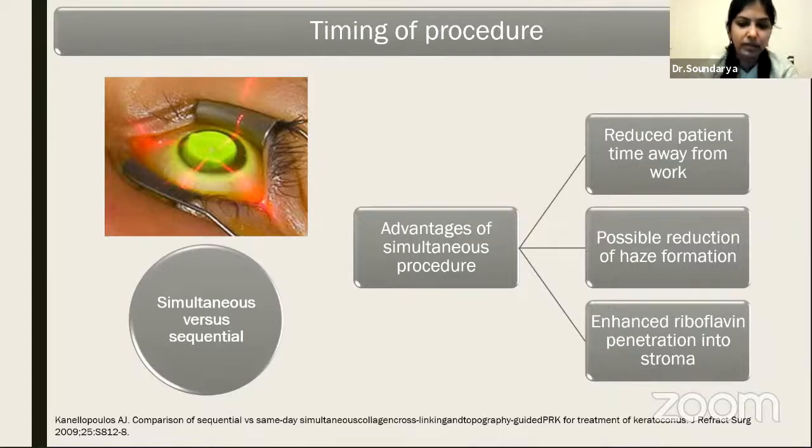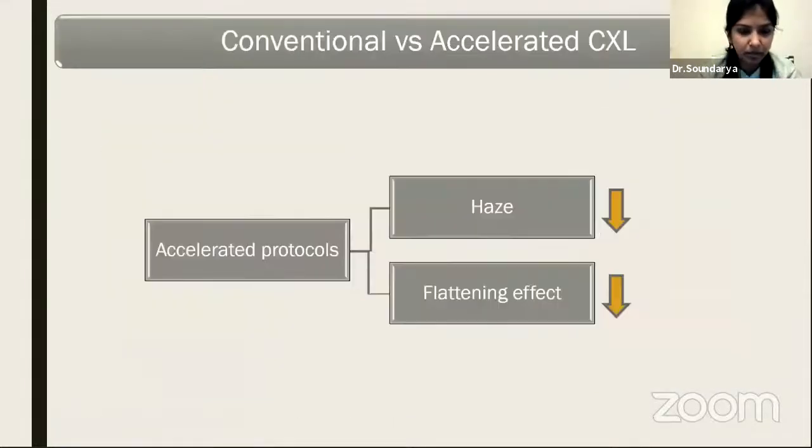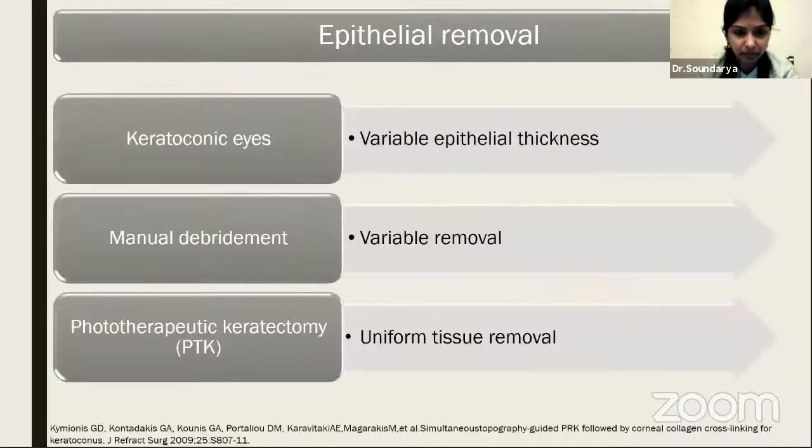Also, possible enhanced riboflavin penetration into the stroma, because here we're also removing the Bowman's membrane. Again, accelerated protocols have been shown to produce lesser haze and a lesser flattening effect, thus a lesser hyperopic shift. So when combining it with topography-guided treatment, the amount of undercorrection can also be lesser.